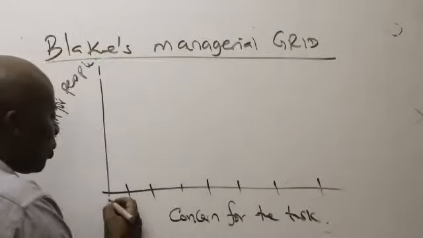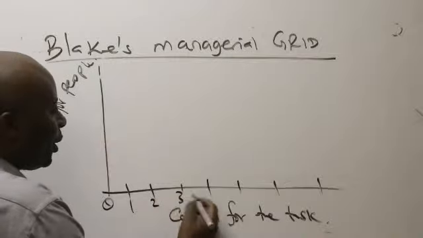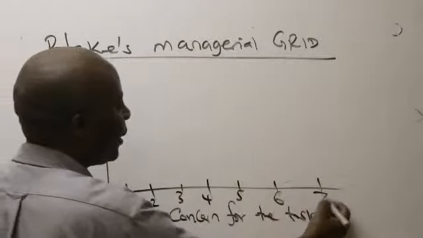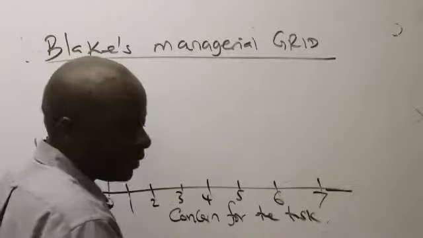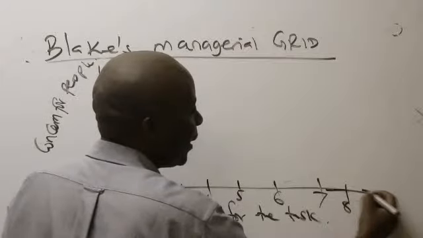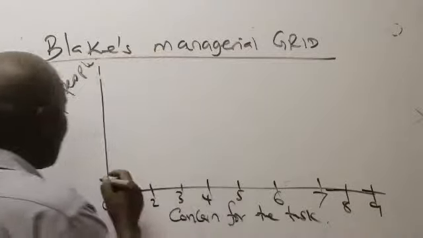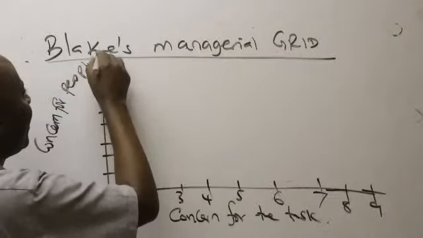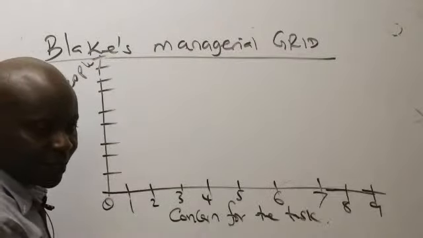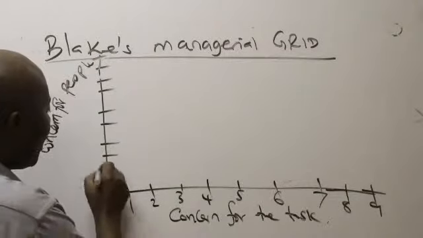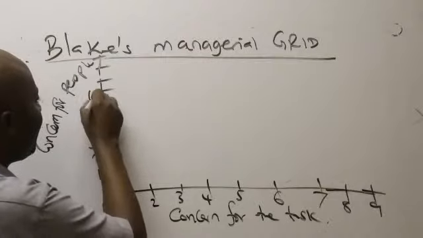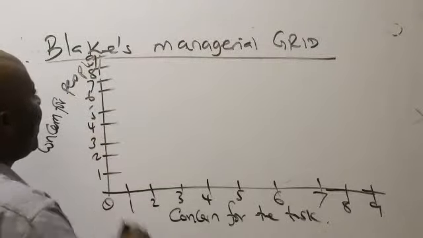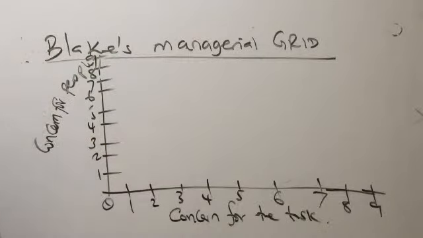So of course we have 0 there, then 1, 2, 3, 4, 5, 6, 7, 8, up to 9.